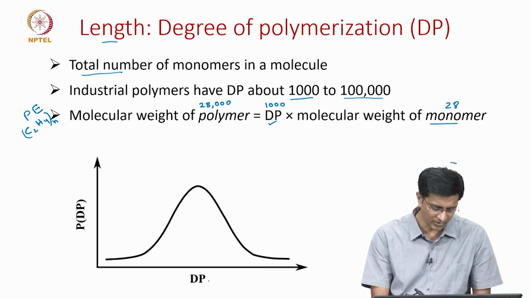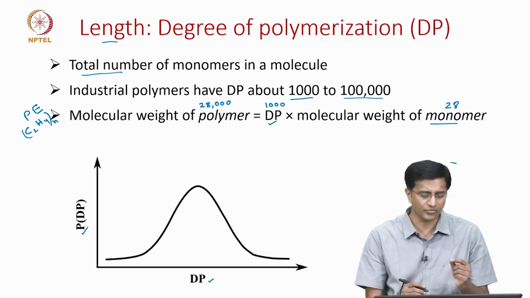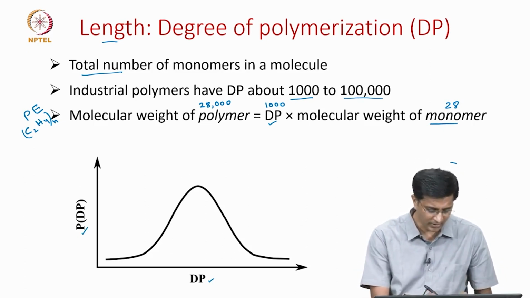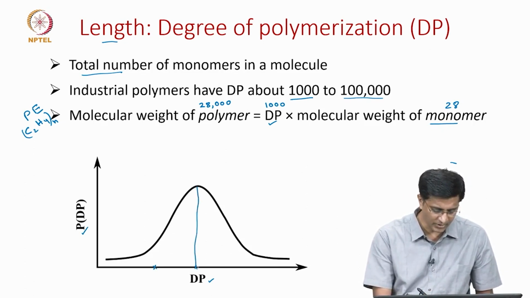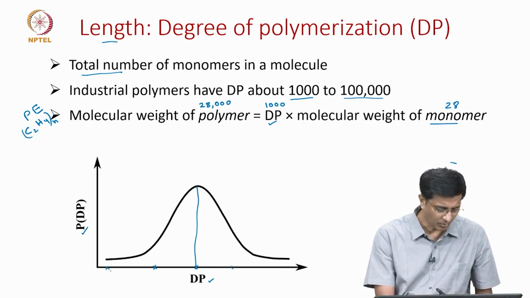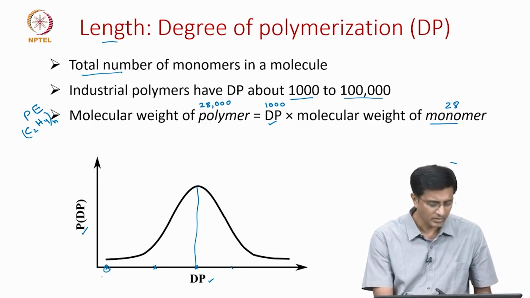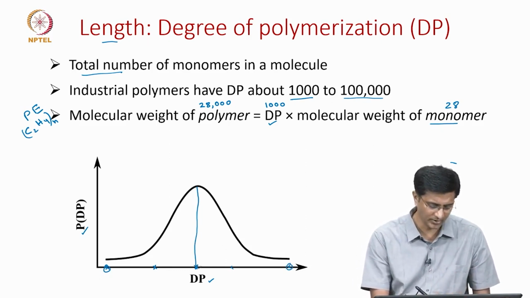On the x axis we have the degree of polymerization and on the y axis we have the probability of having chains of a dP value around here, and this gives the probability of chains having a dP value of so and so. As you can see, there is a large range. Probably these are the locations where it has small molecular chains, and these are the locations where it has relatively large molecular chains, but the majority of the molecular chains are somewhere here.